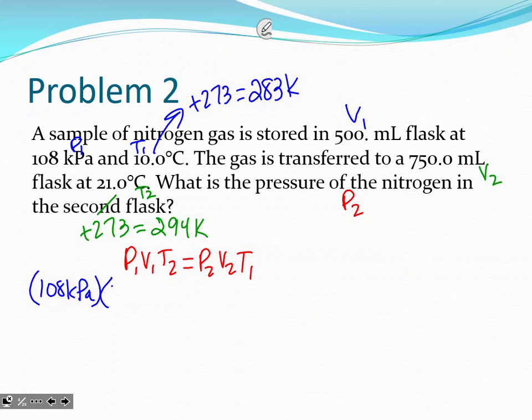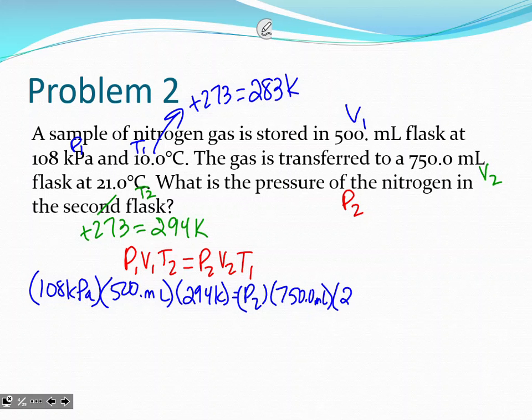The first volume is 500 milliliters. And the second temperature is 294 K. Over here, P2 is what we're missing, so we put that in there. The second volume is 750 milliliters, and our first temperature was 283 K.